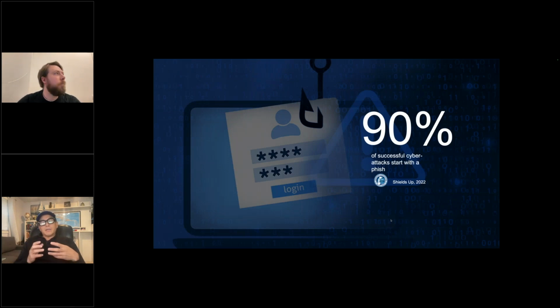Back in 2022 in the US, the government and CISA put up a flag and said, shields up, that Star Trek allusion. In particular around phishing, because 90% of all successful data breaches, whether ransomware or theft or any incident, start with a phish.